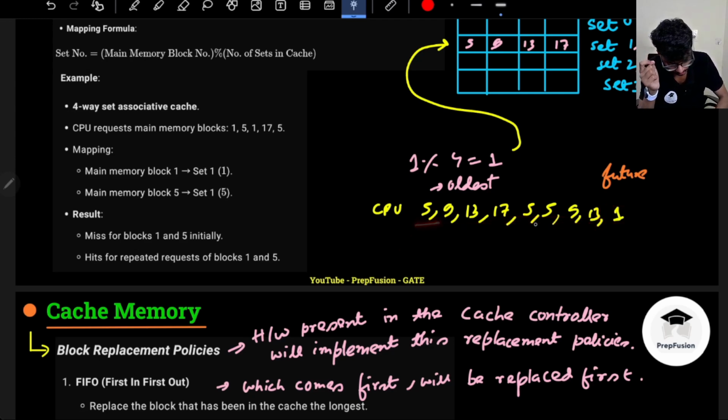So 5 was called thrice, 9 was called twice, 13 was called twice, but 17 only was called once. So 17 is the least recently used. 17 has not been called for the longest period of time. So we will replace 17 then.